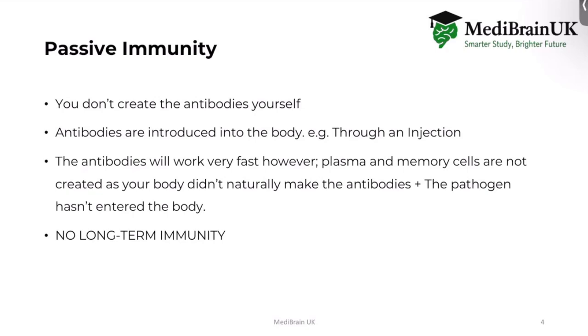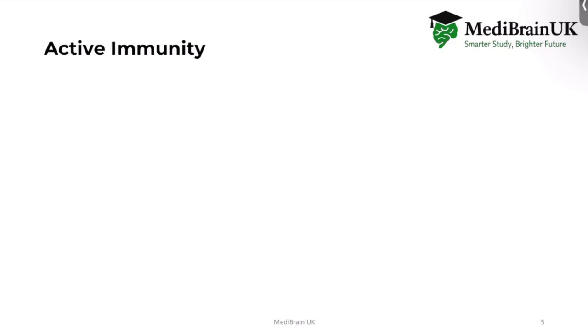The other type that you have is active immunity. And in active immunity, you are actively creating the antibodies yourself. That's what active immunity is. And that's a way that you can remember active immunity as well. So in passive immunity, antibodies are being passed into your body, whereas in active immunity, you are actively creating the antibodies within your body.